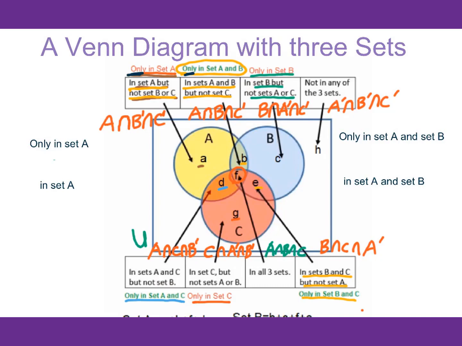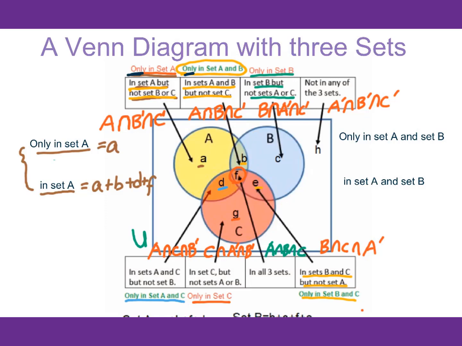Only in set A means the element will equal A. But when you say in set A, it means everything in A, that equals A plus B plus D plus F. You see the difference. So you have to be very careful.